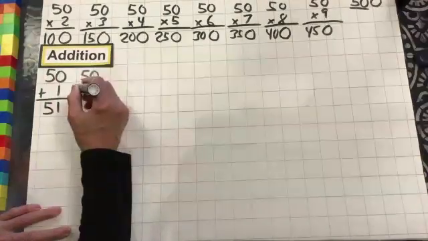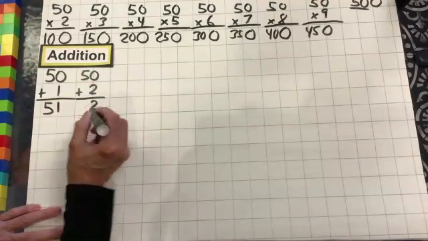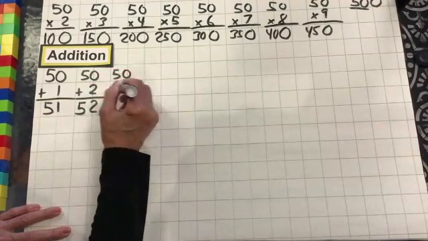50 plus 2. 2 plus 0 is 2. 5 plus nothing is 5. 50 plus 3.